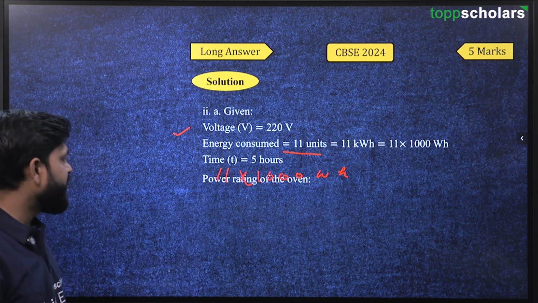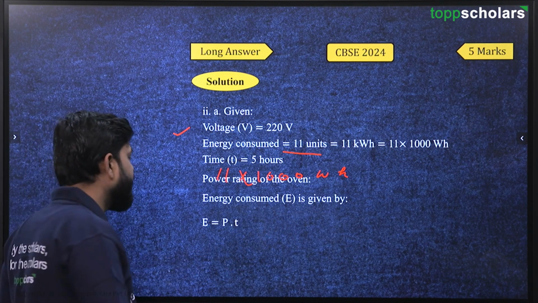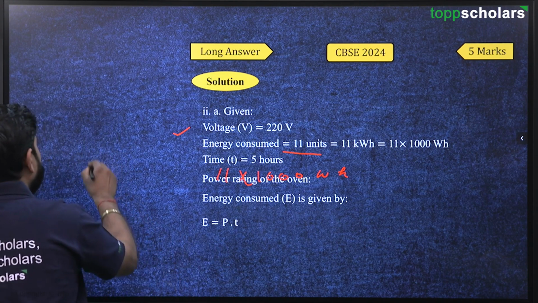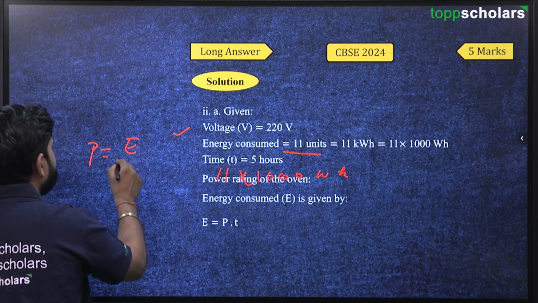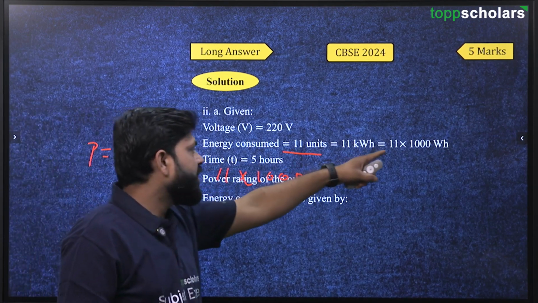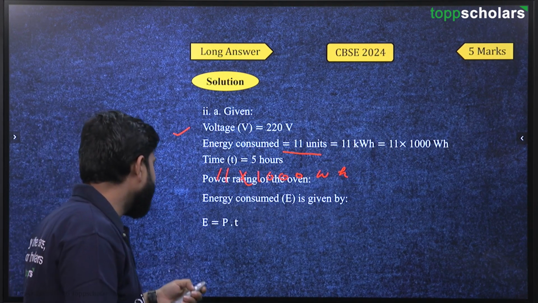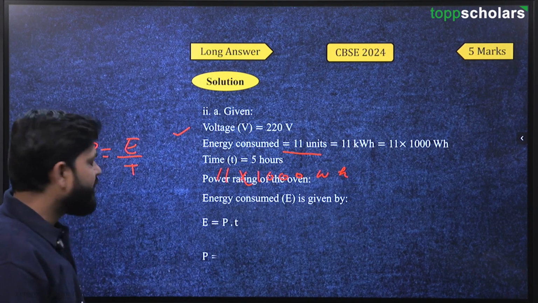The power rating of the oven will be equal to what? Energy consumed is given by E equals P into T, and P will be equal to E upon T. The energy that we have is 11,000 watt hour. Now if you divide it by time, we will get power.